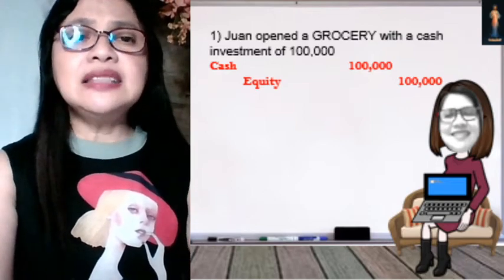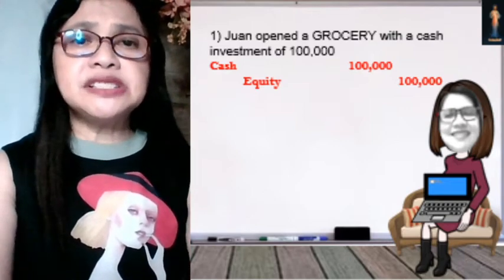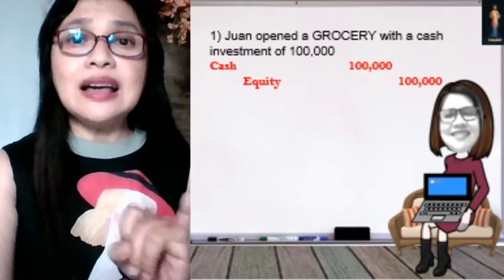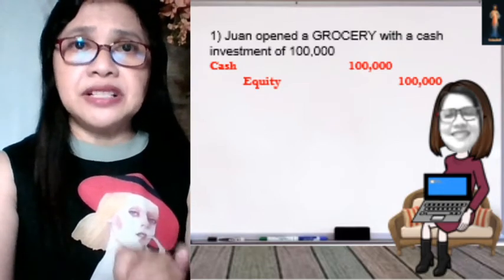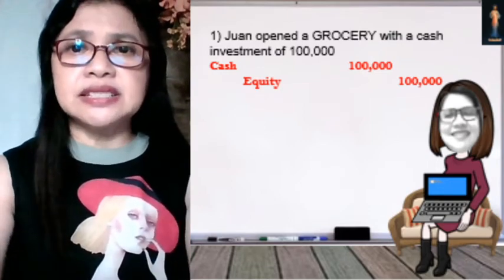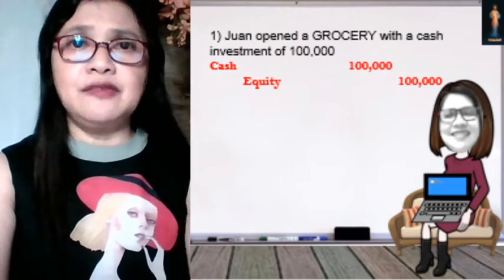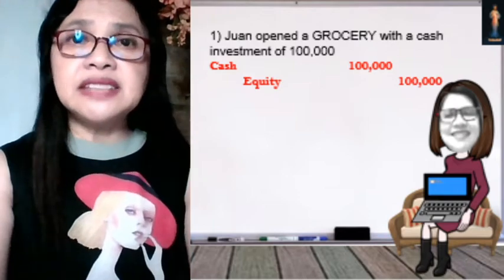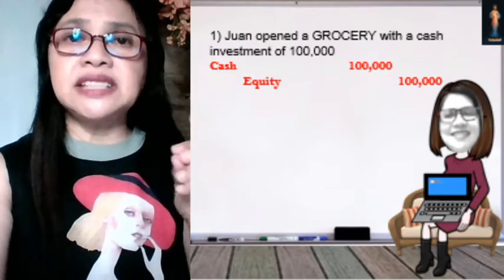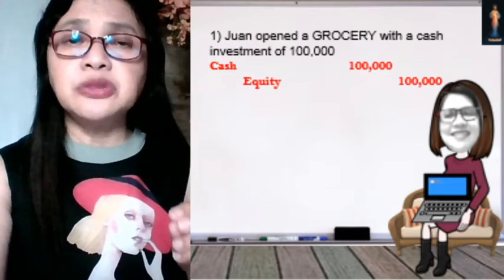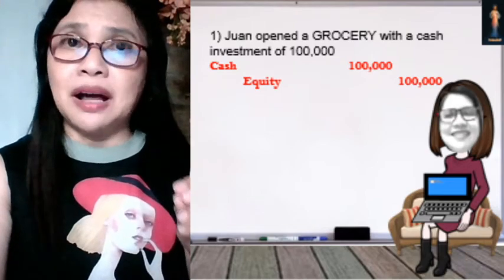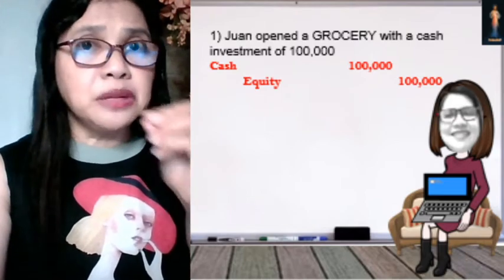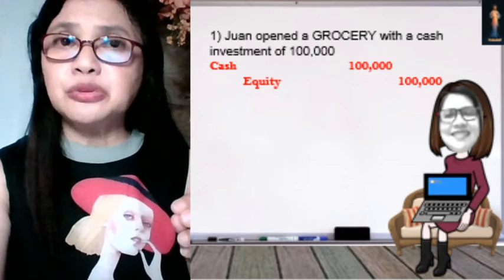Okay, when we analyze the transactions, the first thing we do is ask what accounts are affected in the transaction. Since this is an initial investment of cash, there is an increase in the cash account. And since cash is an asset account which has a normal debit balance, to increase your cash account, what do you do again?